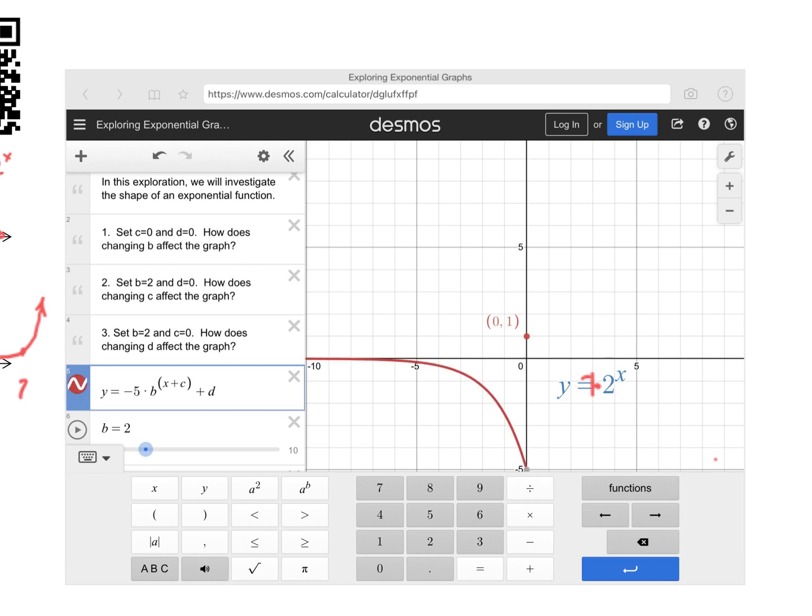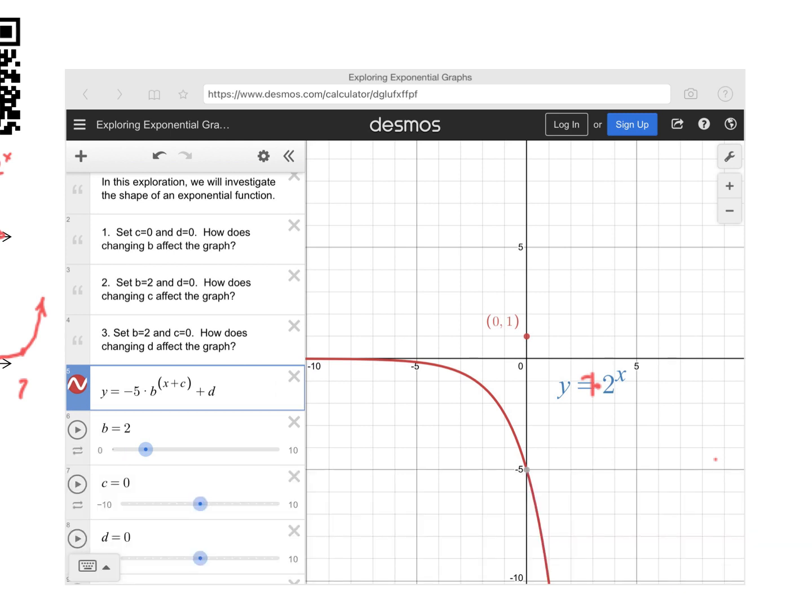And in fact, notice this, when we haven't gone left or right, if I have negative 5 times 2 to the x, where does it cross? It crosses at negative 5 there. See that? Okay. So this gives us our starting value. All right. And we saw that before.